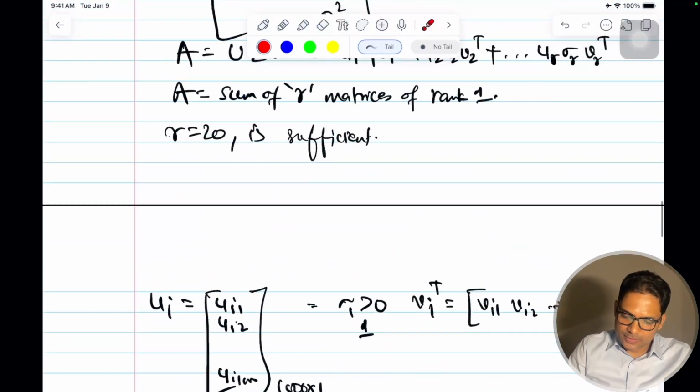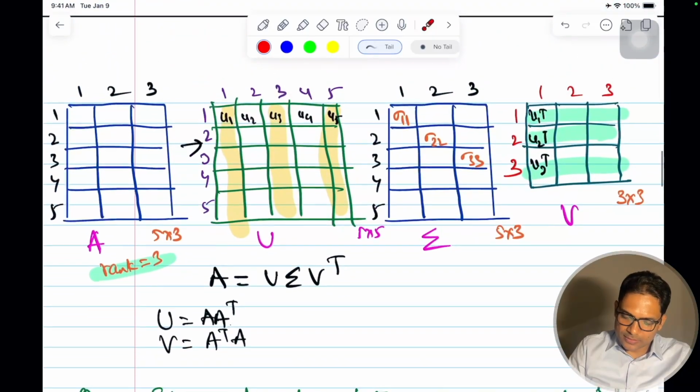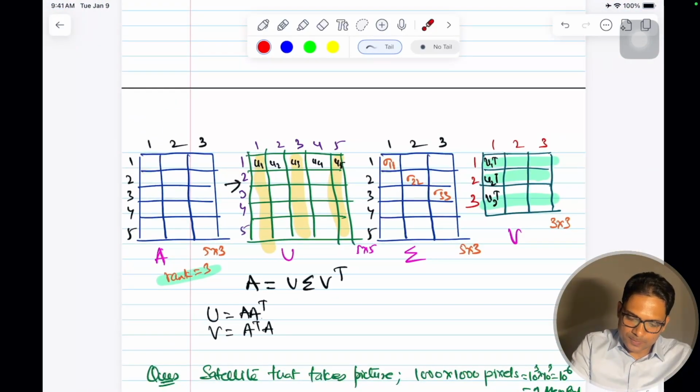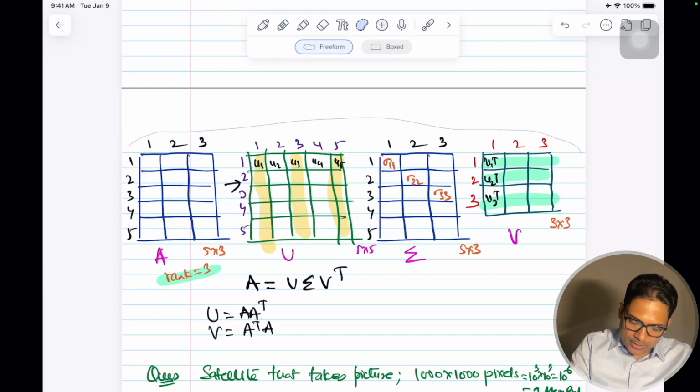Here is the same image. Let me put it here so that you remember.